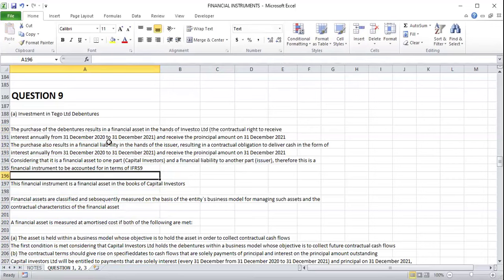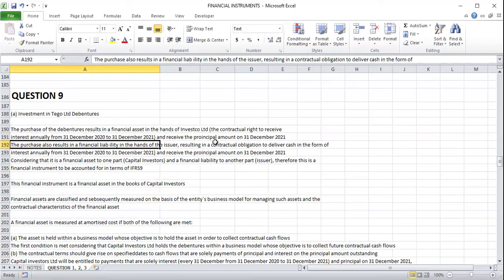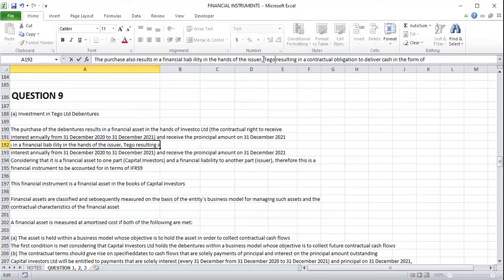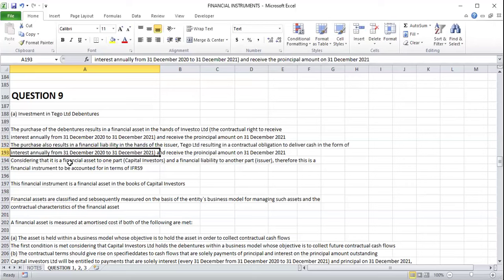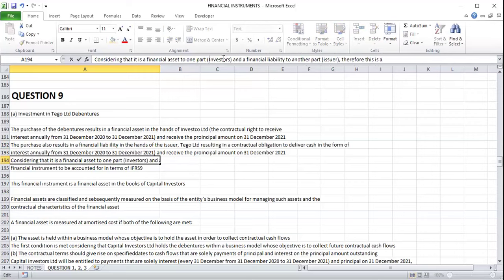And the purchase also results in a what? In a financial liability. Right. It is a financial asset in Investco and a financial liability in Tego.